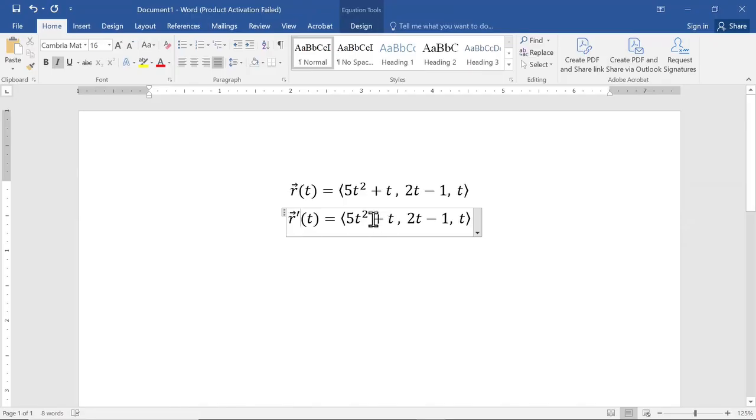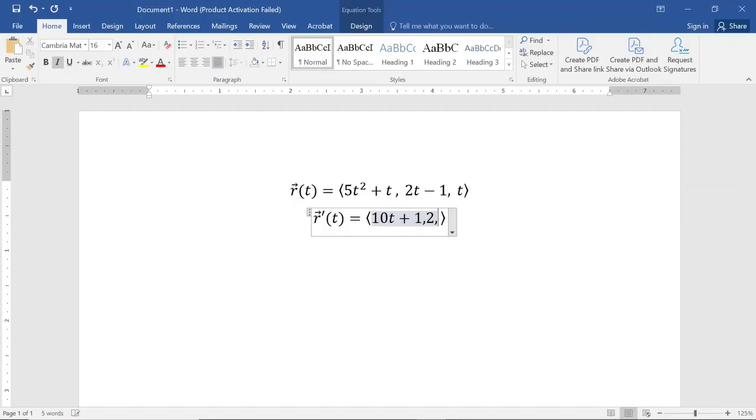So 5t squared plus t turns into 10t plus 1. 2t minus 1, the derivative is going to be 2.